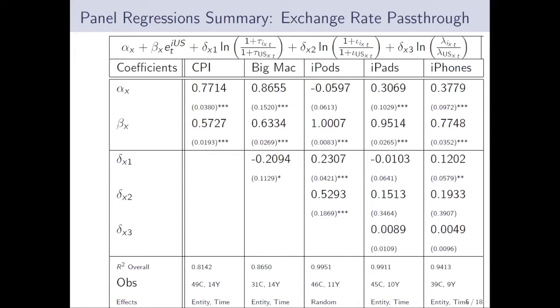In the equation that's estimated, tau_ixt is the associated VAT or general sales tax rate that country i levies on product x at time t. Iota_ixt represents the import tariff rate country i imposes on good x at time t on imports originating from China, and lambda_ixt represents the estimated shipping cost rate from China to the respective importing country i.